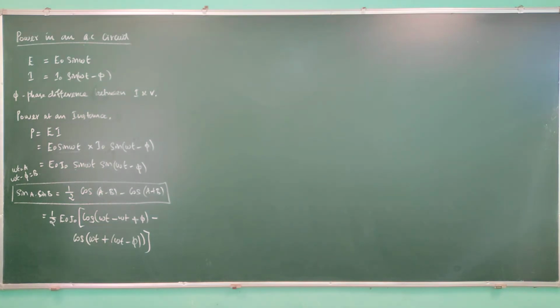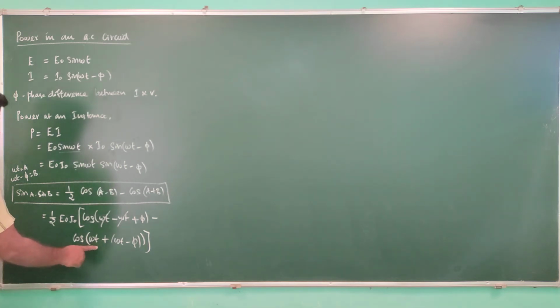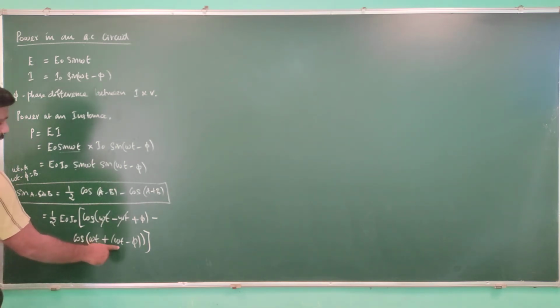Right? So omega t will cancel out in the first term, and here omega t plus omega t becomes 2 omega t minus phi.